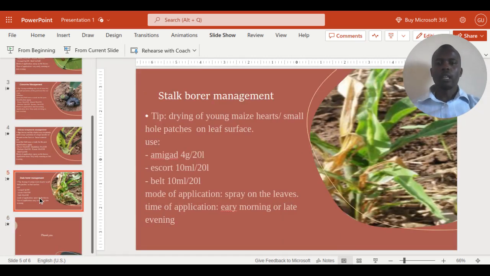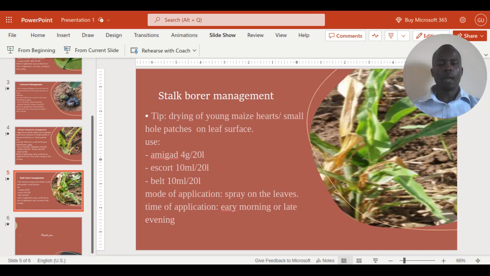And lastly, let us look at stalk borer. The signs and symptoms that can tell you this crop is being affected by stalk borer: you will find that the crop is drying from the heart, because stalk borers are always eating inside the crop, and there are some small holes or patches on the leaf surface.